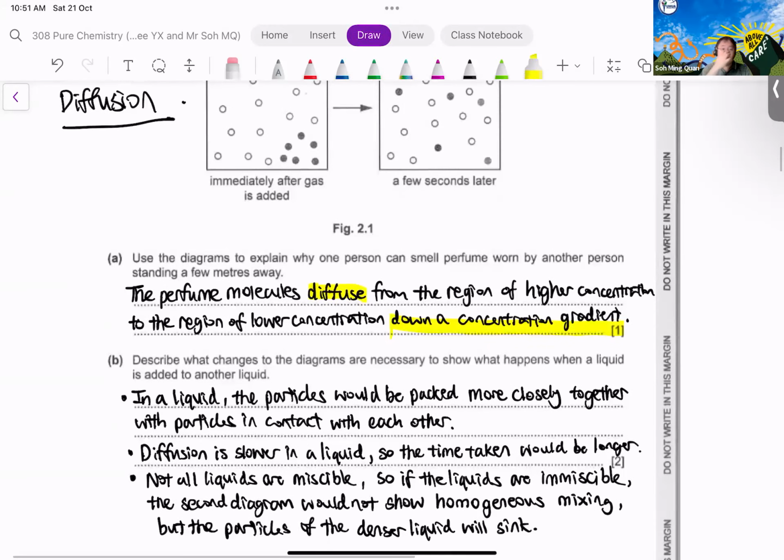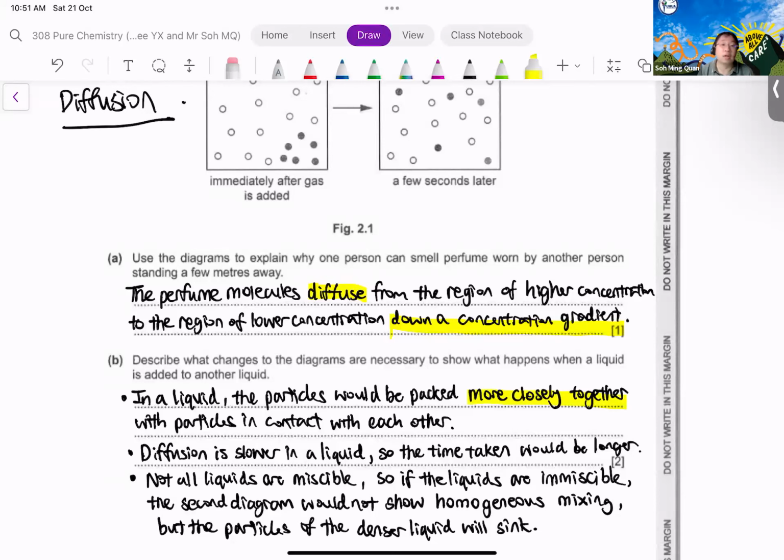Next, part B. Describe what changes in the diagrams are necessary to show what happens when a liquid is added to another liquid. All right. So again, most students were lost because they didn't make the connection with KPT. It's about KPT. So of course, in the liquid, the particles are packed more closely together. That's number one.